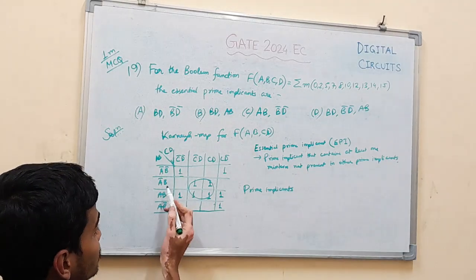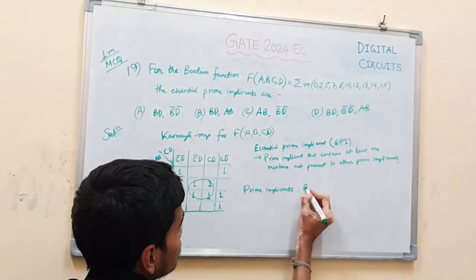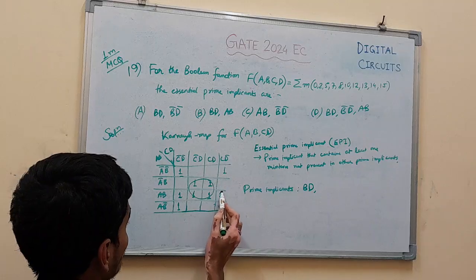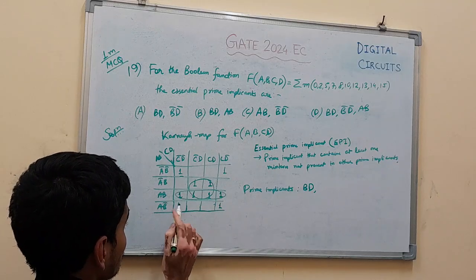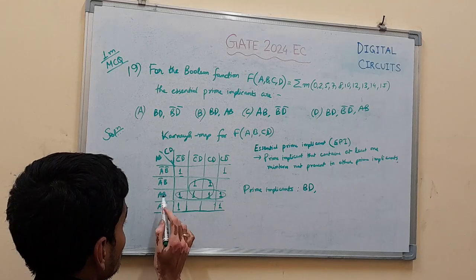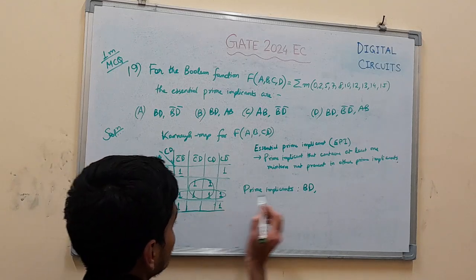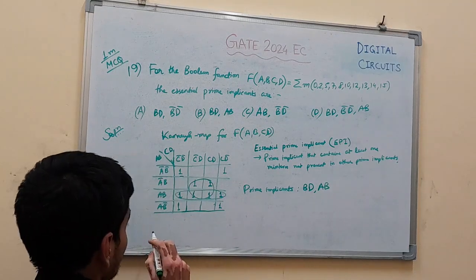What is common between the four ones? B, and from here D. So BD is one prime implicant, may or may not be essential. We will see that later. This is one group, all ones side by side horizontally. So AB is the common term here.